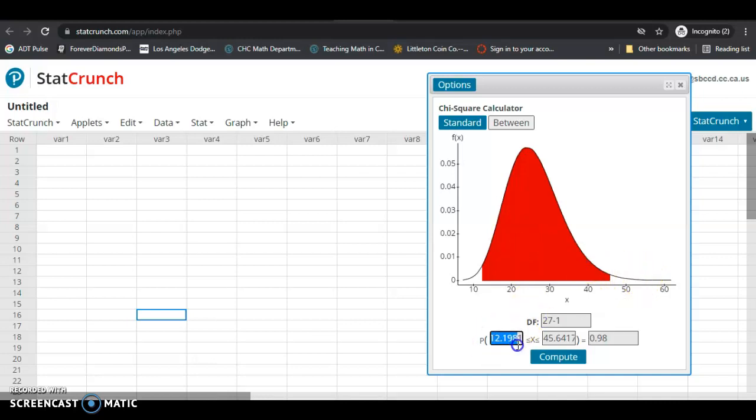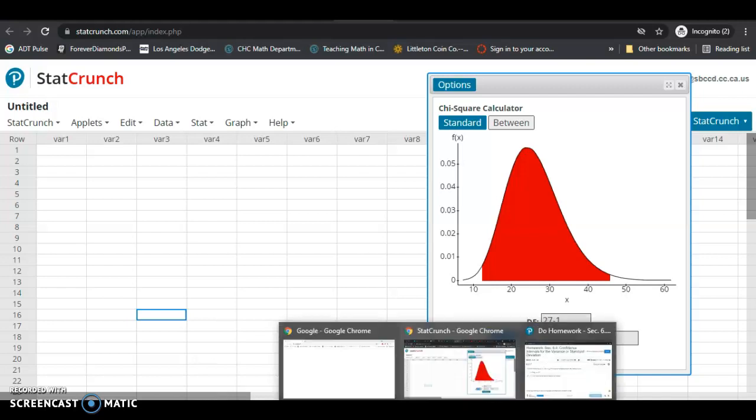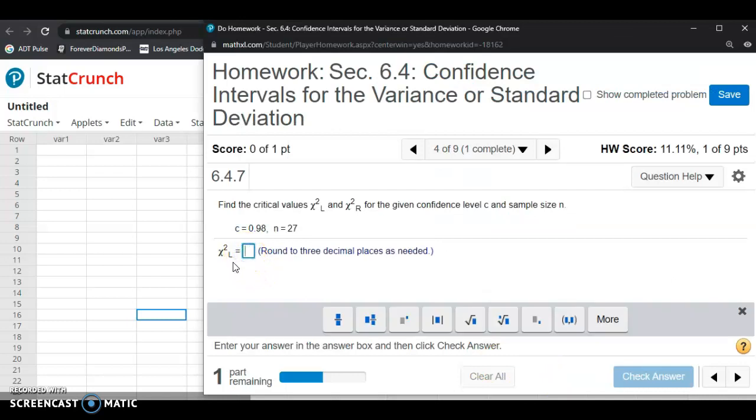The left-hand critical value when rounded to 3 decimal places is 12.198. So that's chi-square sub L. You know it's looking for the left-hand value, so 12.198.